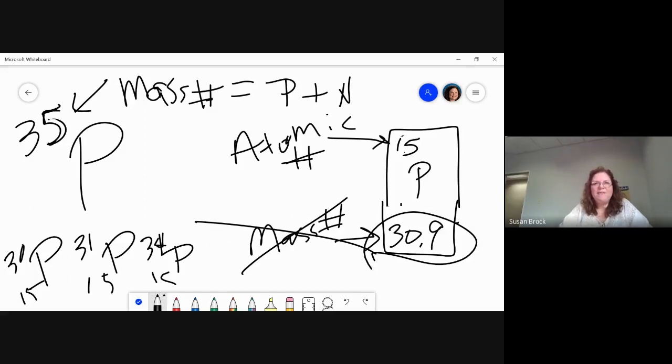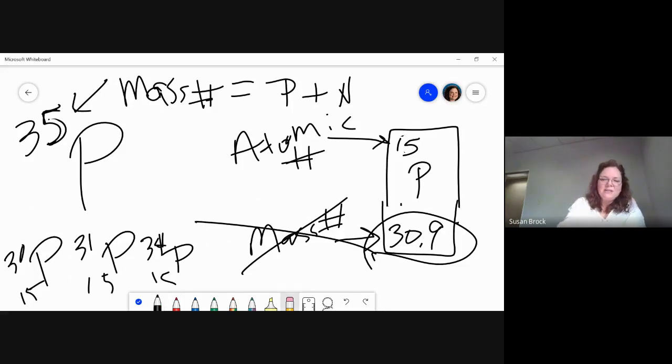If I got a weight from all those people being on a scale, and I got the average, would that be the weight of any one of those people? No, it wouldn't. It wouldn't be the weight of the skinny person or the fat person. It might be closer to the weight of the middle person, but it's going to be an average. And so on the periodic table, that number with a decimal is the average. It is not the mass number.